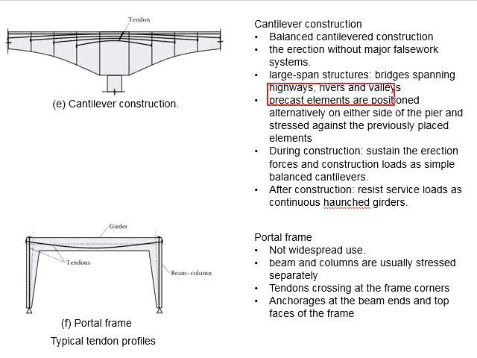And the precast elements are positioned alternately on either side of the pier and stressed against the previously placed element. During the construction, the structure is used to sustain the erection force and also the construction loads as a simple cantilever. And after the construction, the structure is resisting the service load as a continuous haunch girder.